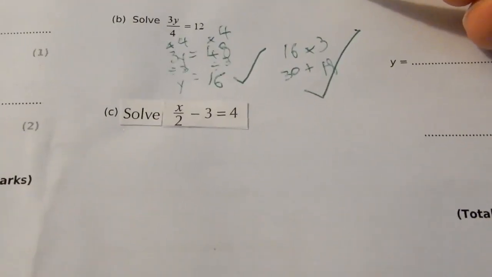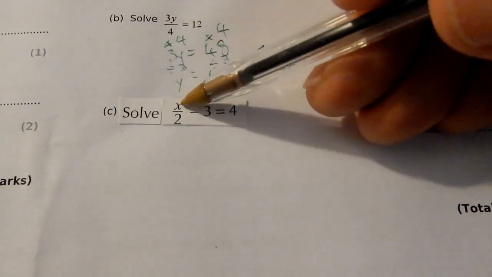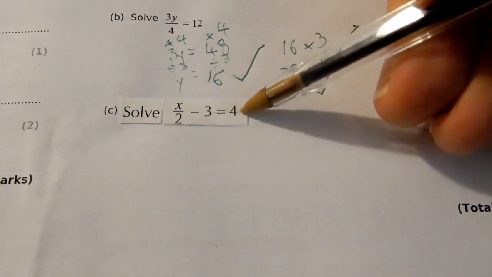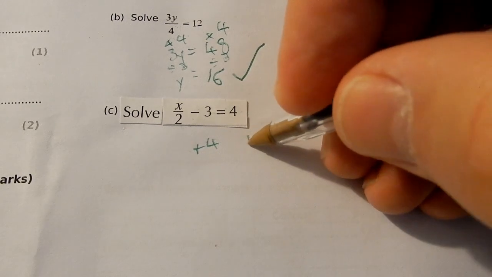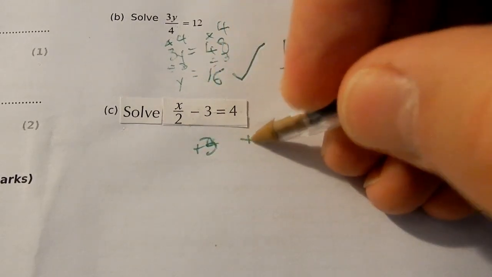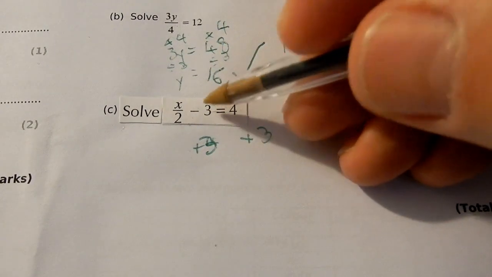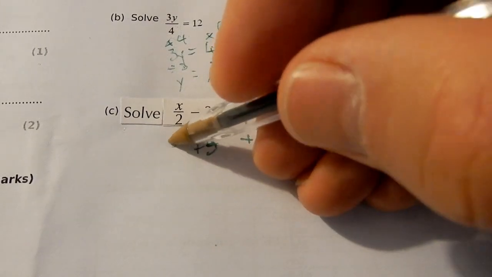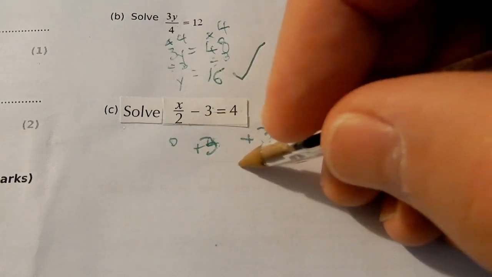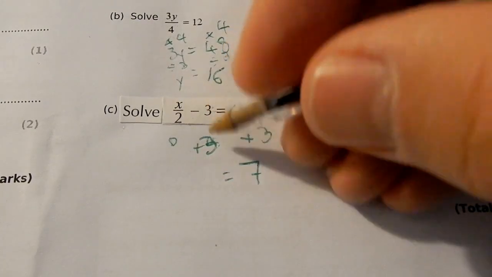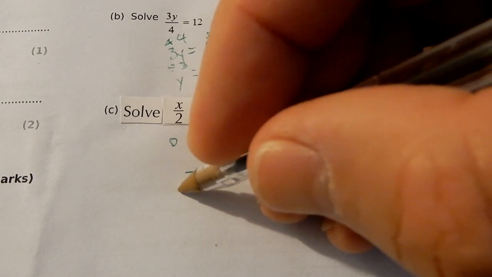Next one. Solve. x divided by 2 minus 3 equals 4. Now, the first thing I have to do is do the things that are furthest away from the x first. And so x over 2 plus 3, because the opposite of minus 3 is plus 3. So that's going to be 7. The minus 3 and the plus 3 zap one another.